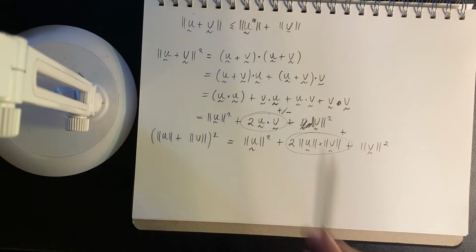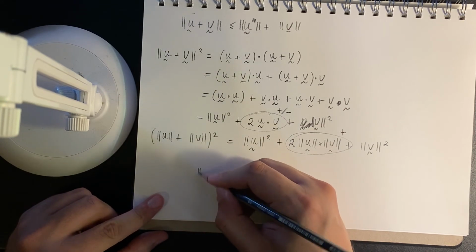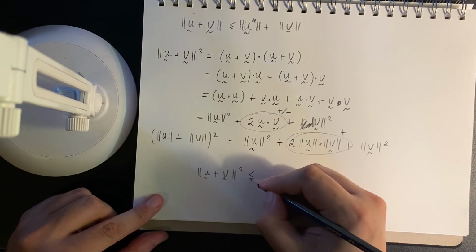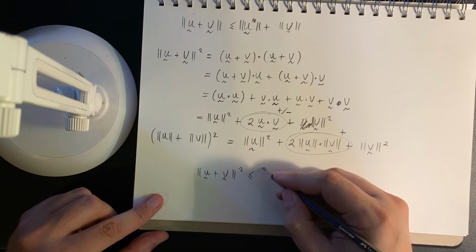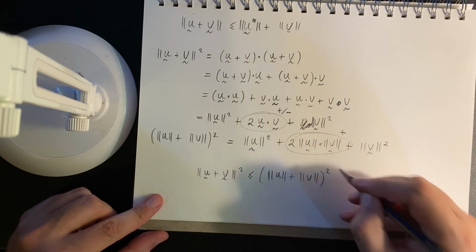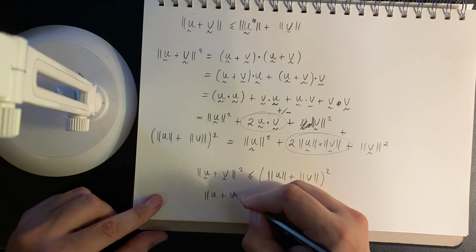So what we get as a result is that the square of the left-hand side is less than or equal to the square of the right-hand side. And then applying the square root to both sides, we get our result.